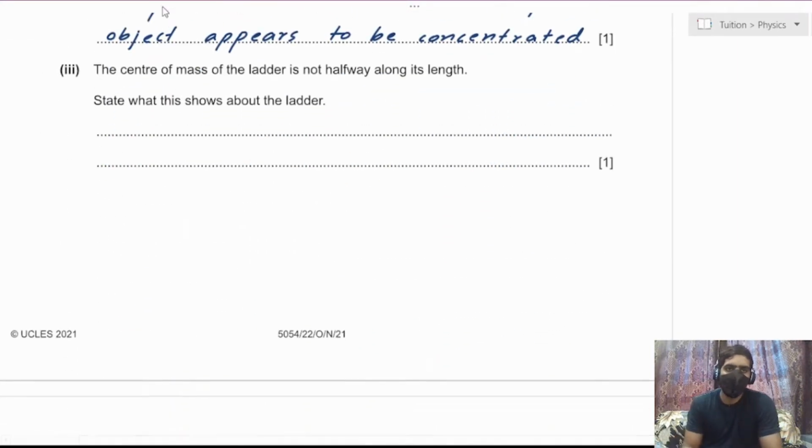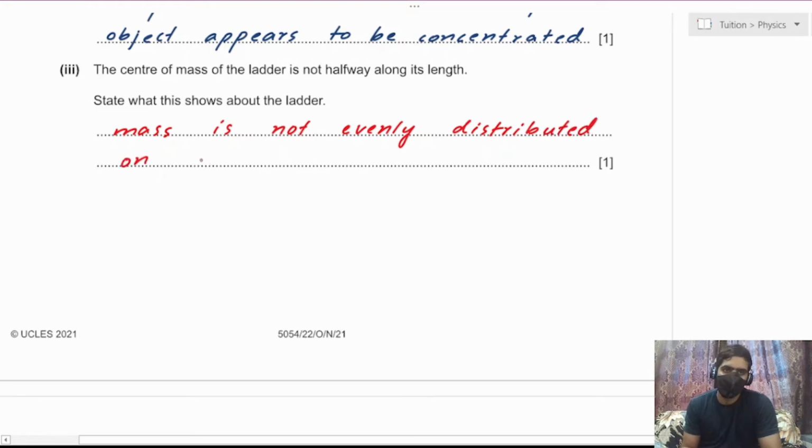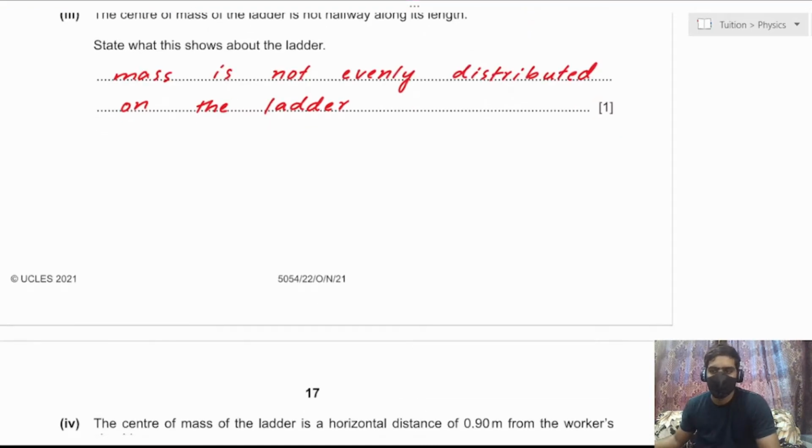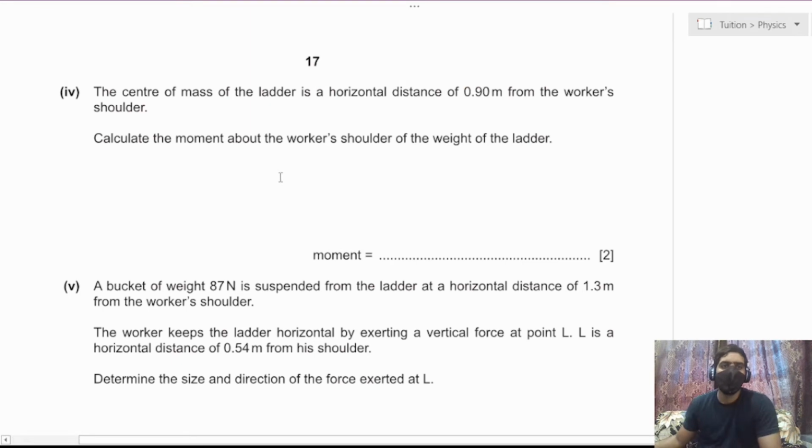So what do we know from here? We know that mass is not distributed evenly. Evenly distributed on the ladder. Alright, the next part.